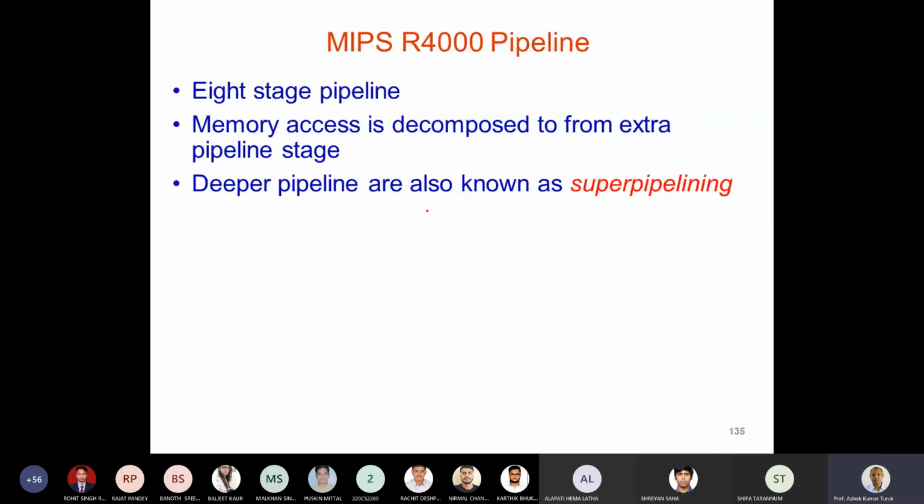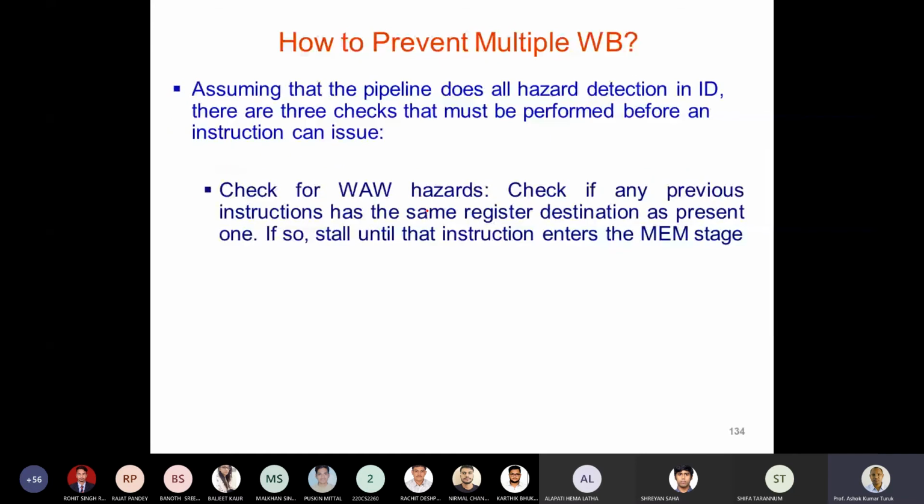So this is how in a multi-cycle pipeline, the hazards can be prevented by checking for all possible hazards in the instruction decode stage.